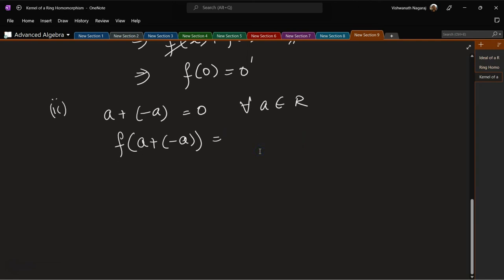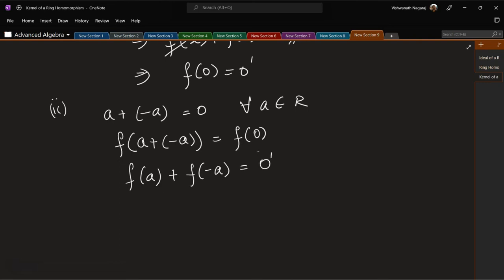Let me split it into steps. So this will be f of 0, right? Now f of a plus minus a can be split into f of a plus f of minus a, is equal to f of 0, which is 0 prime.